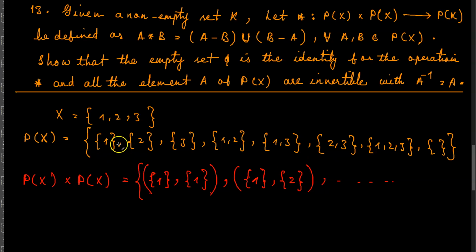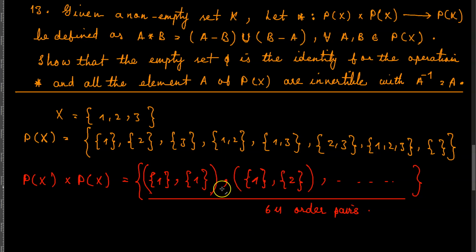As you can imagine, you'll get 1, 2, 3, 4, 5, 6, 7, 8. So 8 times 8, which is equal to 64. You would get 64 elements here, 64 ordered pairs, all of these elements taken together.